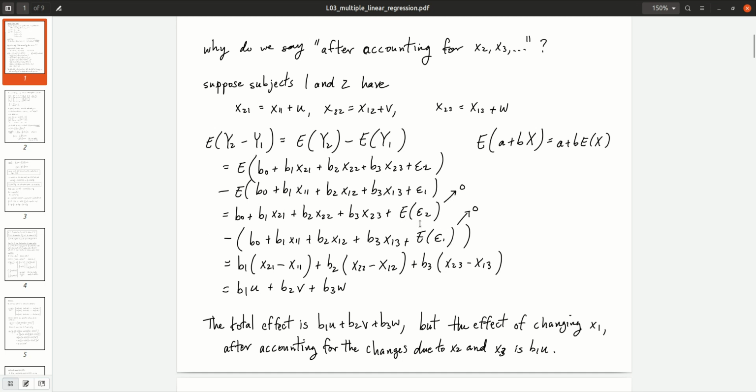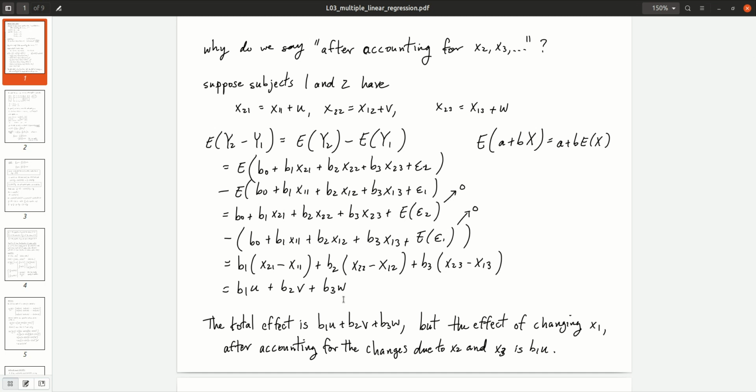Now the assumption is that the expected values of epsilon 1 and epsilon 2 are 0, so those go away. And we're left with this part minus this part. If we split that up into the contributions from each of the 3 covariates, we get this equation: b1 times subject 2's first covariate minus subject 1's first covariate. Same thing for the second covariate and third covariate. And we said that these differences were u, v, and w. Those are just the labels we assign to those differences.